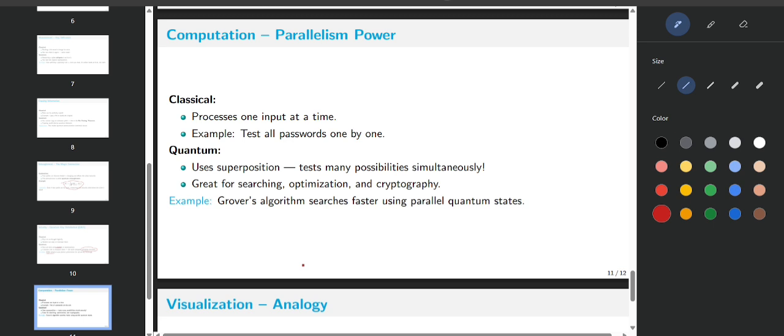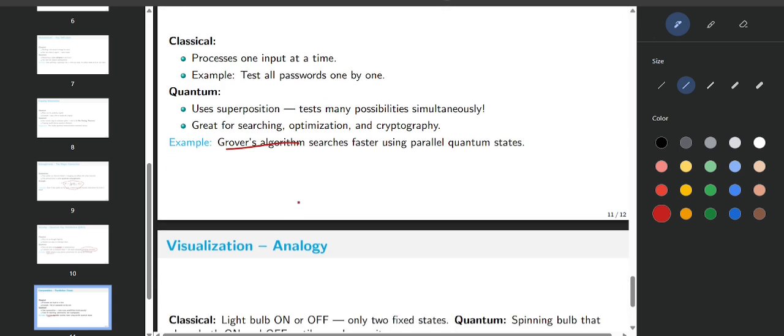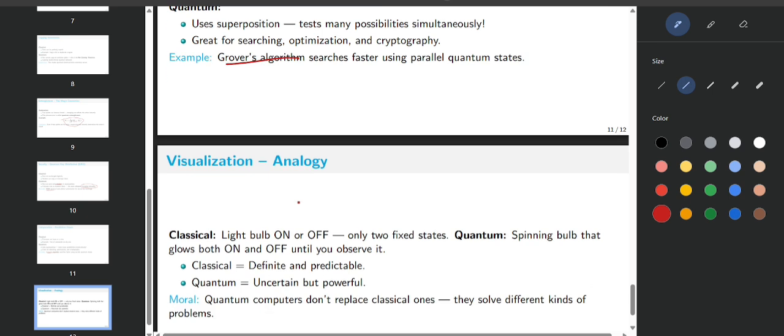A great example is Grover's algorithm, which can find one item out of millions in just the square root of the steps needed by a classical computer. Please note this point. Grover's algorithm is an interesting algorithm, and in future I will make videos on it also.